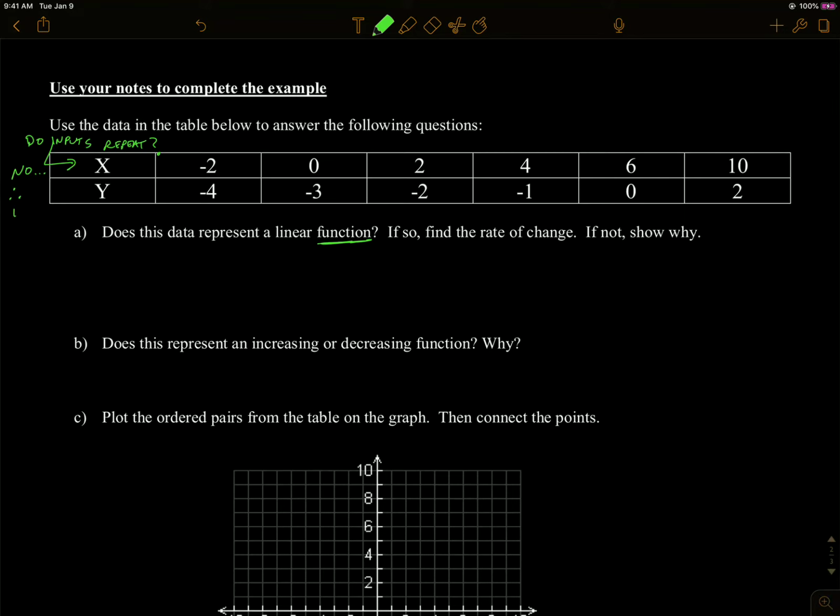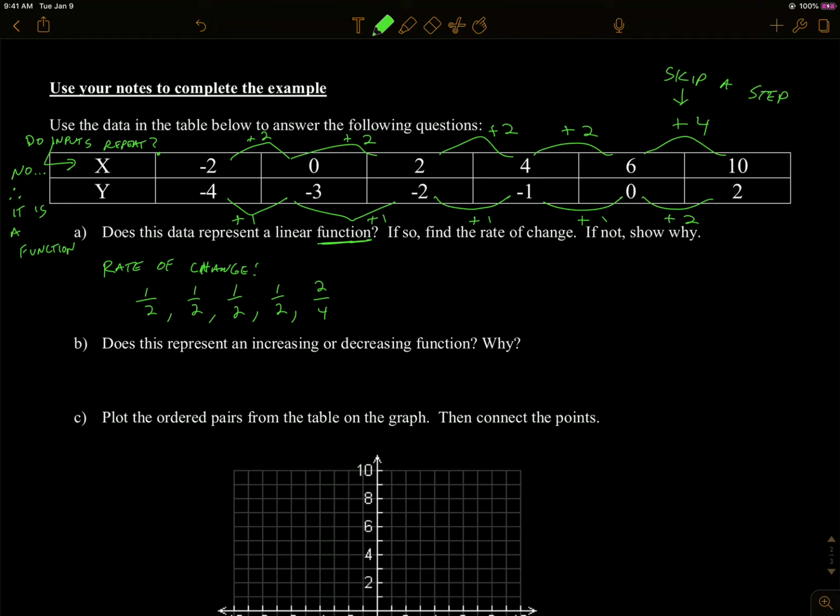So it says, does it represent a linear function? It looks like it does because it looks like the rate of change is the same every time. So I'm going to check. I'm going to say the rate of change on each step. I'm going to write them down. Remember, rate of change means the fraction. So 1 over 2, that's my change in y over change in x, change in y over change in x, change in y over change in x, and then we've got a 2 over 4. So if I reduce this, it equals 1/2.